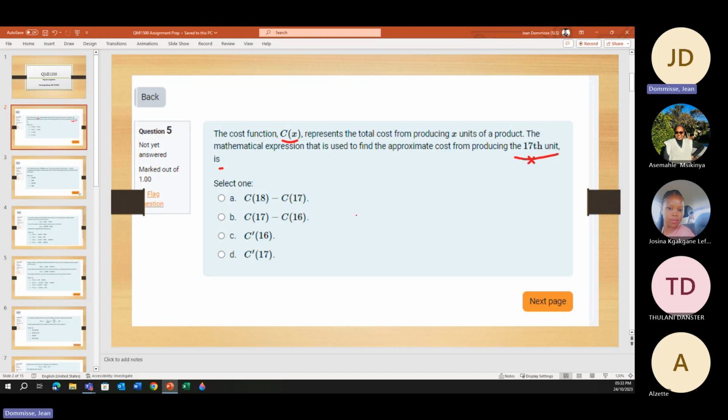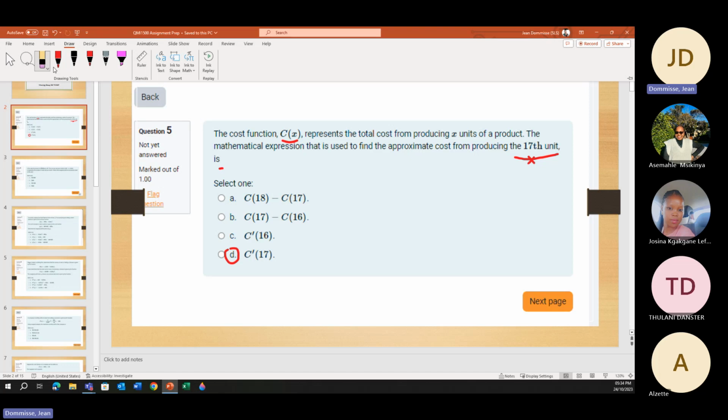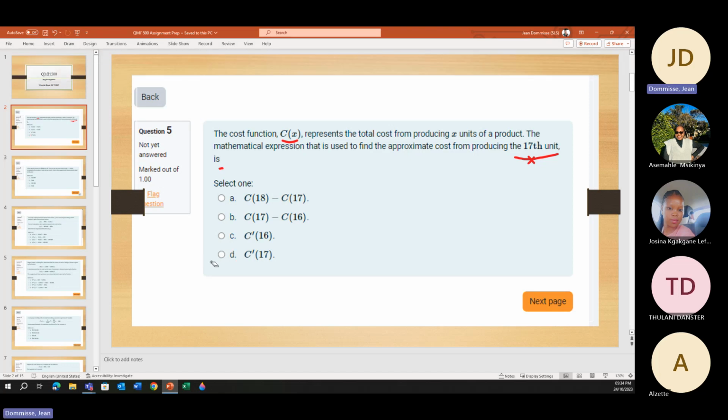Okay, what would you guys say? LZ, you say D. Any other takers? Anybody who had this as a question and has an answer as well?